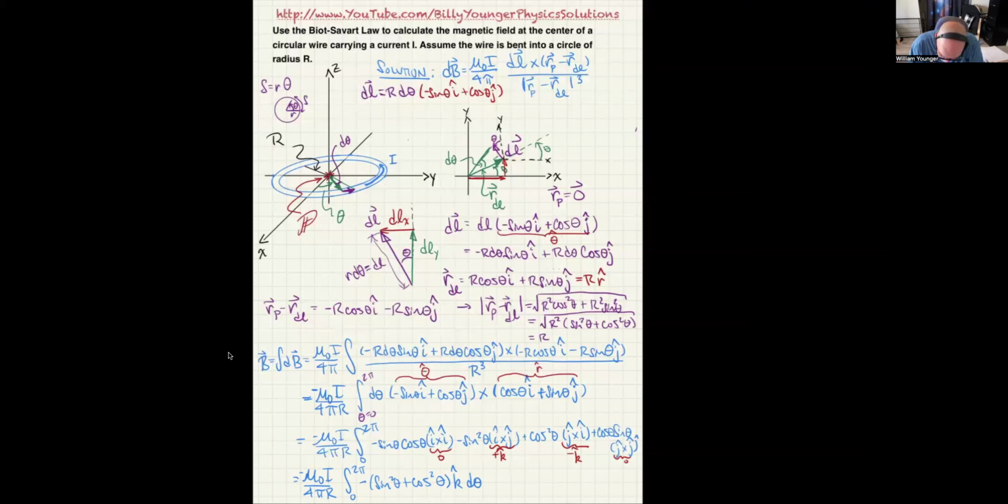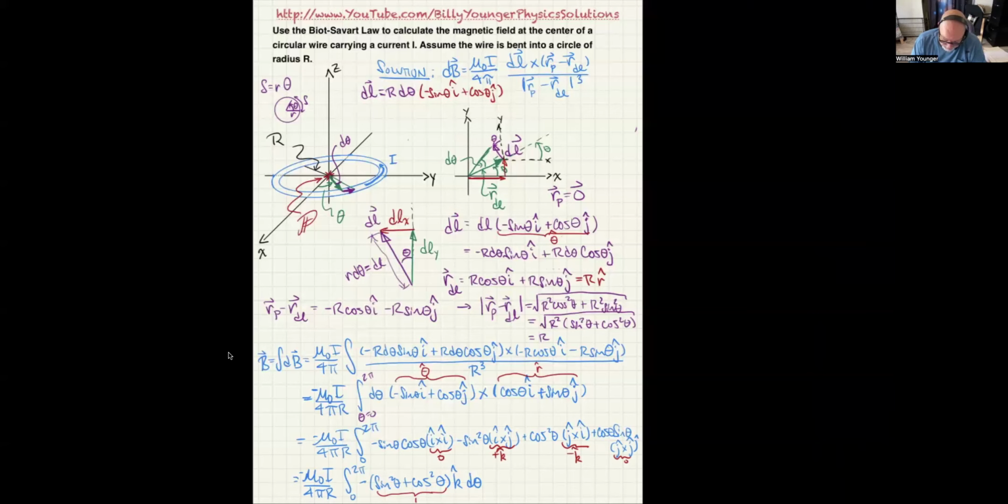And of course, sine squared plus cosine squared is just 1. And we also know that the negative that we see here is going to cancel out with the negative that we see here. And finally, we get an answer that's in the positive k hat direction.